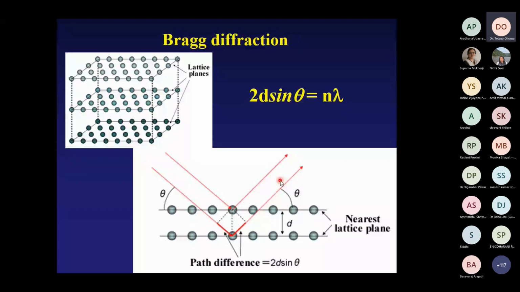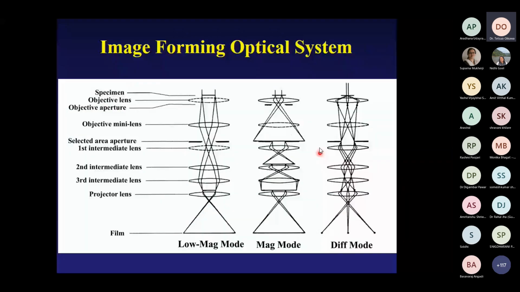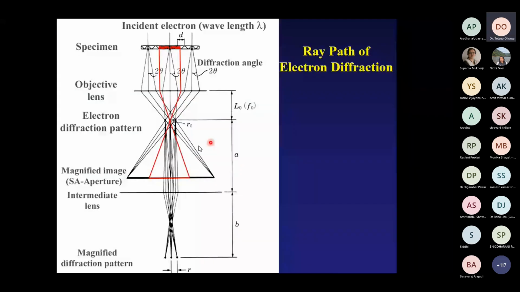Then we can observe the electron diffraction in diffraction mode, with the first intermediate lens focusing on the back focal plane of the objective lens. Considering the electron diffraction pattern, this is the specimen here, the objective lens here, this is the back focal plane where the electron diffraction pattern is formed, and this is the image plane of the objective lens here.